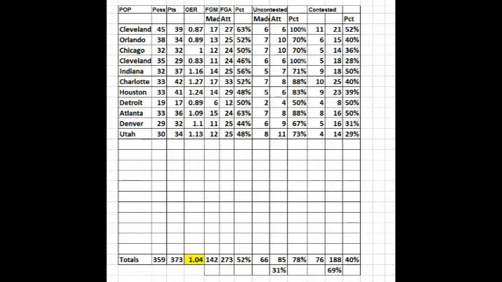You see, when you allow the defense to set up, whether you get it on a defensive rebound or a steal, you're not going to score as well because it's like getting it after a made field goal or turnover or any one of those. So you have to take that into consideration.